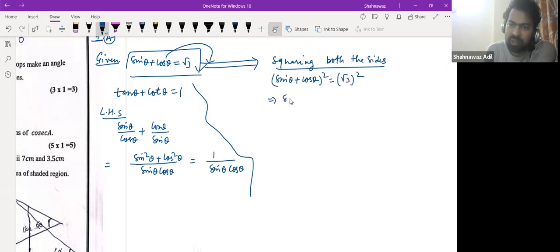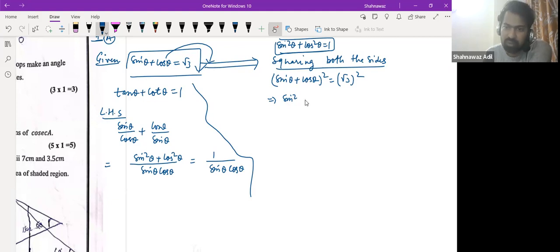Is sine square plus cos square one? Yes. But the identity sine square plus cos square is 1, not this one. This is a whole square, a plus b whole square, so we have to first simplify this.